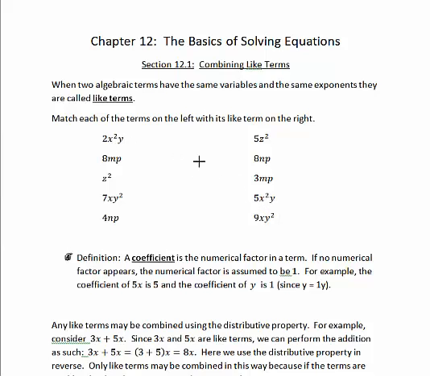The x is also squared in both cases, and then they both have the y variable, and we could say that the exponent of the y variable is 1. So now we just simply draw an arrow from 2x squared y because they're like terms.